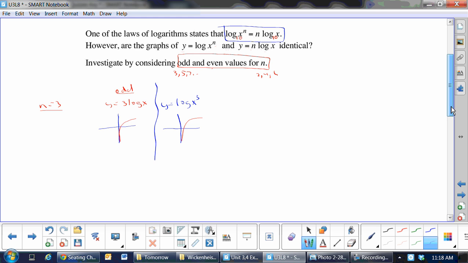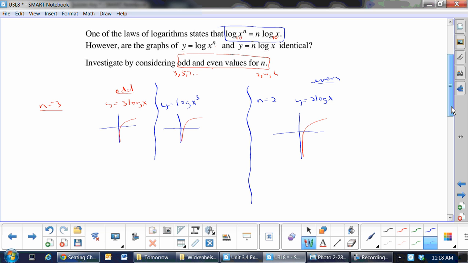Now, let's do n equals 2. So this would be called an even. So let's try the first one, y equals 2 log x. Okay, so you can go back to your graph, y1, and just change the 3 to a 2, and then let it graph. Again, you get something like that, right?